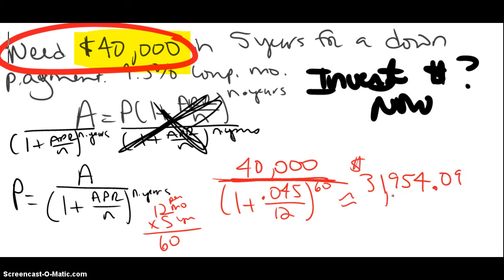So if I invest that lump sum today, then 5 years from now, I would have $40,000 for a down payment. Again, assuming this interest rate, assuming it's compounded monthly and so forth. Again, this answer should be less because I'm not figuring out what the $40,000 will do in 5 years. I'm finding out how much money today will grow into $40,000. All right, so this is the formula you would use to do that.